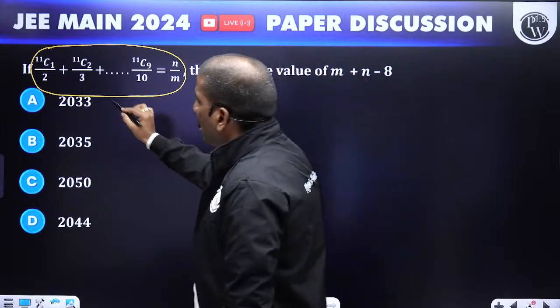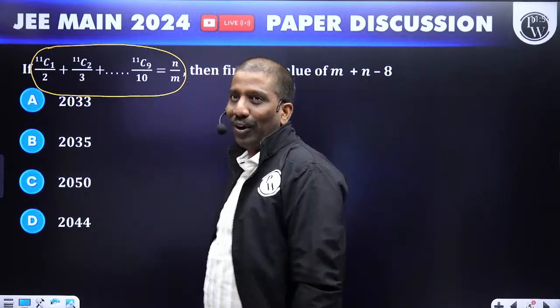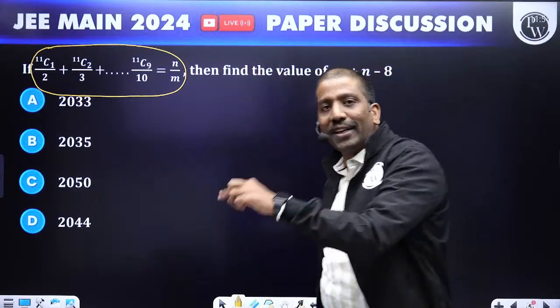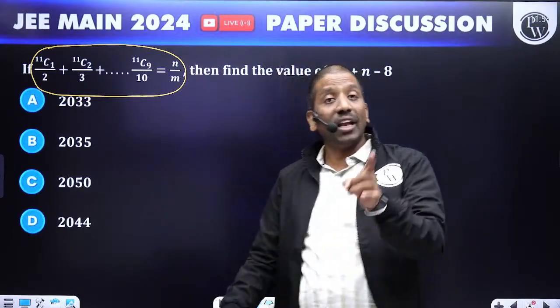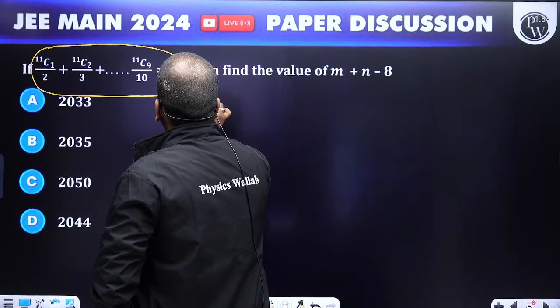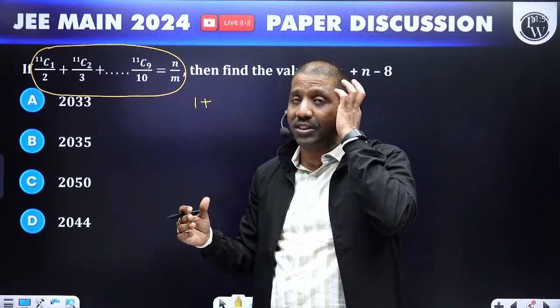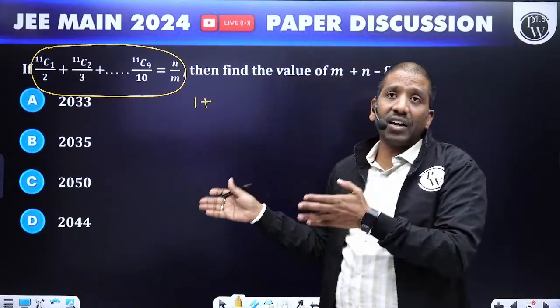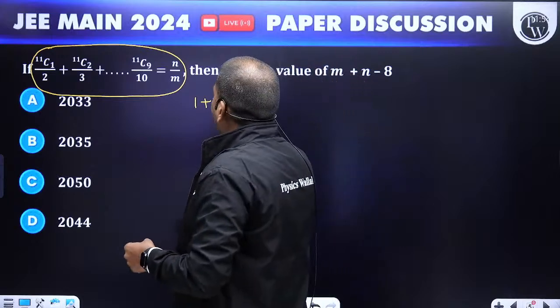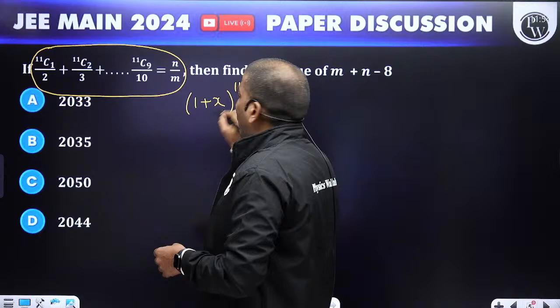So what is that? By 2, by 3, by 10, so integration model, into 2 times, 3 times binomial coefficients, then we apply differentiation, right? So here, integration. If you remember certain binomial properties like a series, we can directly apply, but I'm going with the standard process to find it. 1 plus x whole power 11 I have taken.